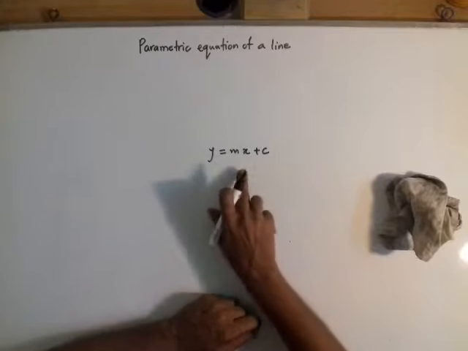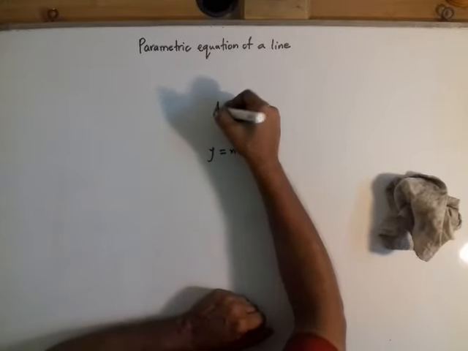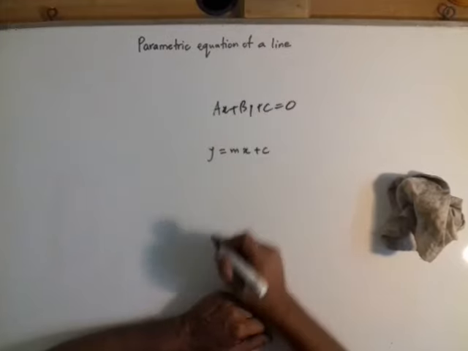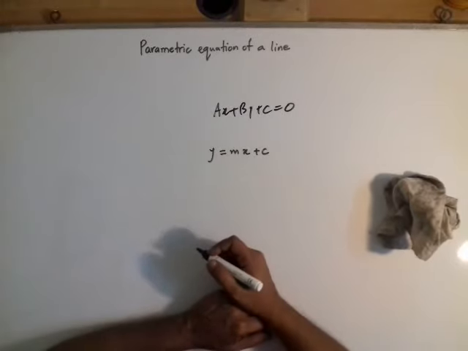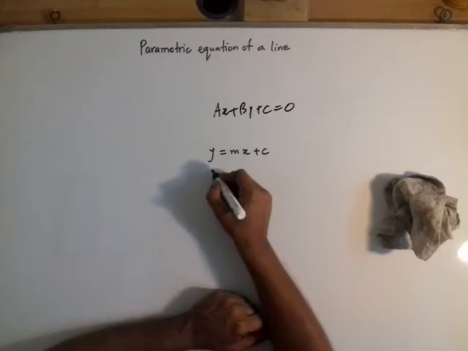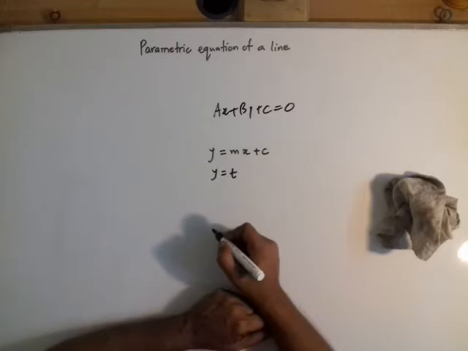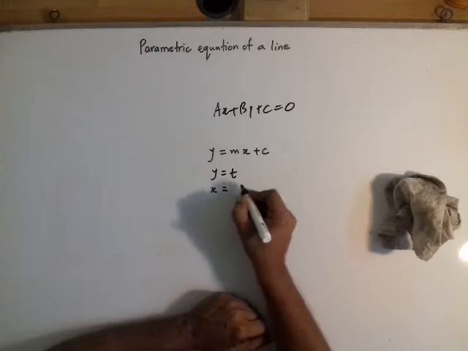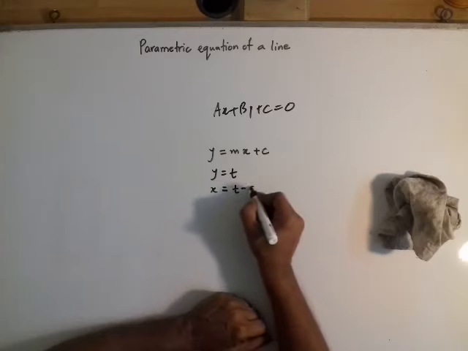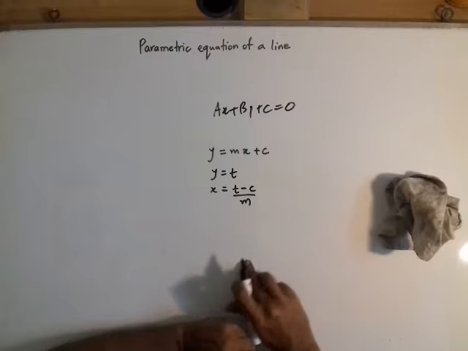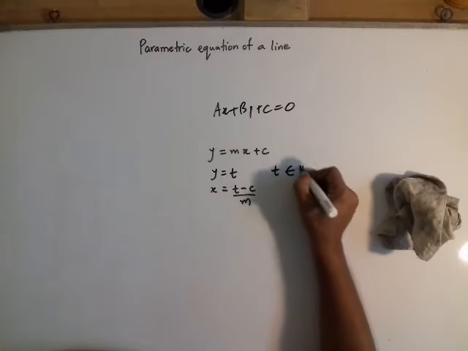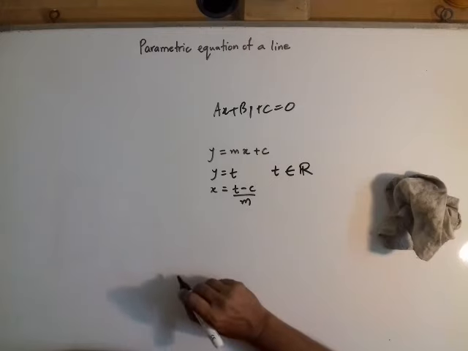Okay, this is the slope-intercept form, or even if you take the standard form. If I say y is equal to t, then x becomes t minus c upon m, where t of course is a real number.